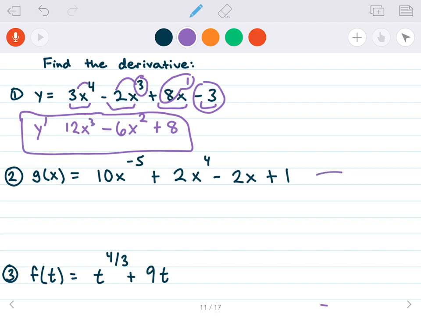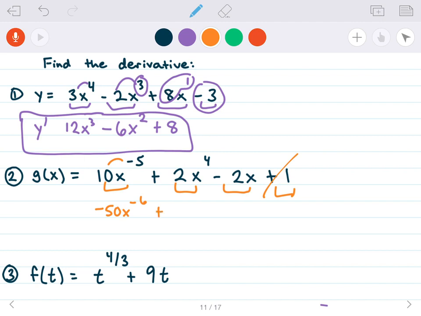I encourage you to pause the video and try this one on your own, see if we get the same thing. All right, so again, we're going term by term when we differentiate this guy. Now this thing's going to 0, get rid of it. Negative 5 times 10 is going to give me a negative 50 in front. Negative 5 minus 1 is negative 6.